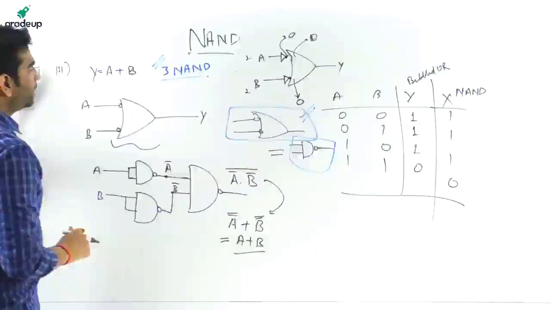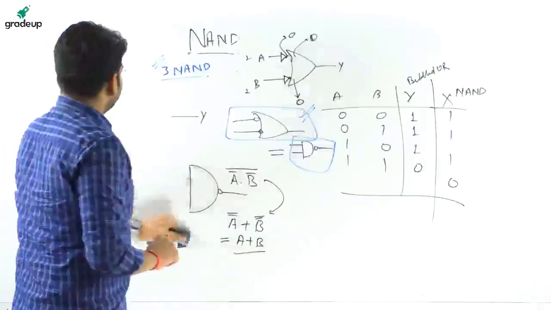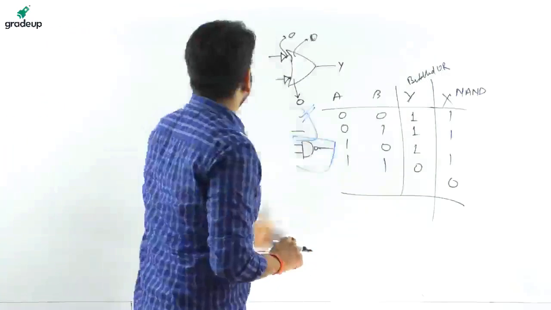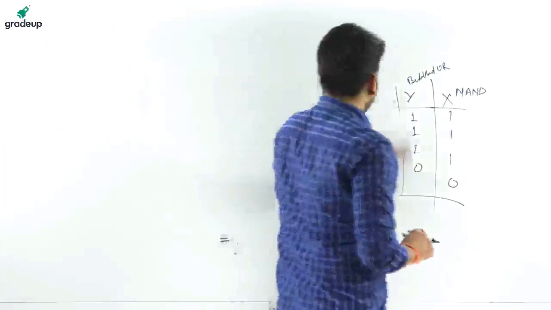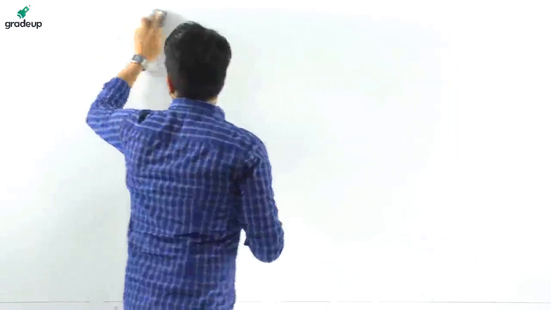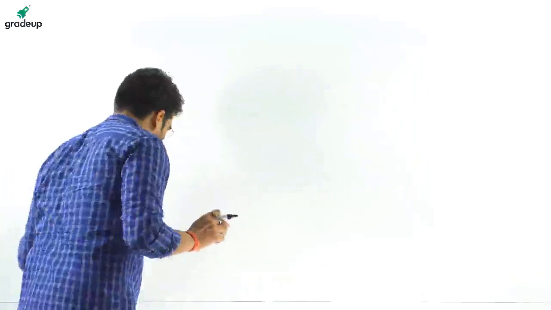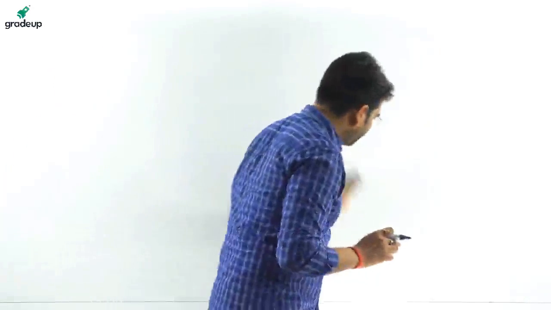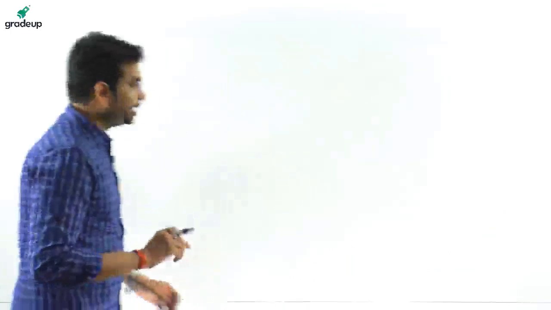Now we have to make an XOR gate out of NAND gates. What is an XOR gate? An XOR gate is a gate that takes 2 inputs, and the output will be high for those pairs of inputs which are dissimilar.